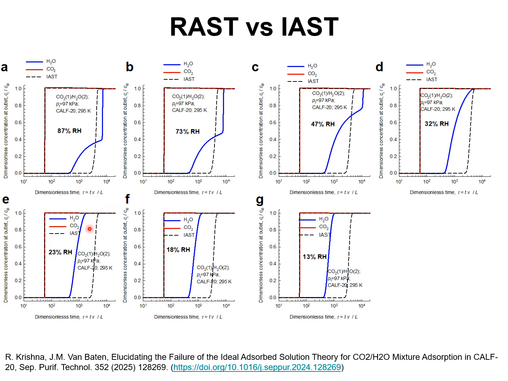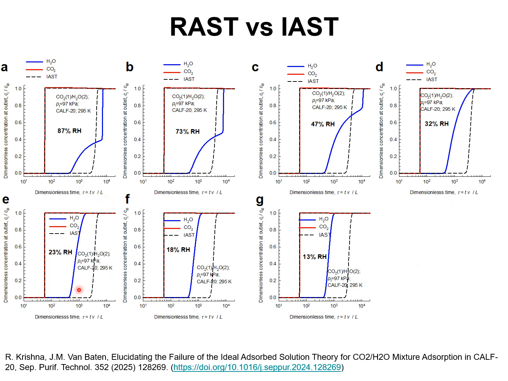For the 7 different values of percentage relative humidity, the comparison of the transient breakthrough simulation results incorporating either the RAST or the IAST for mixture adsorption equilibrium are shown here.